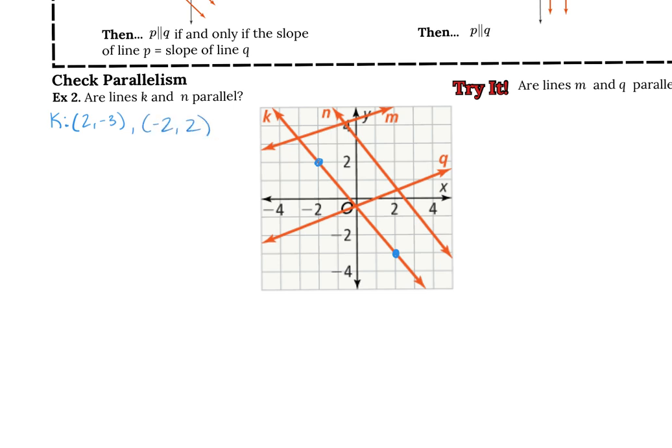And then our N, an intersection and an intersection: (1, 2) and (4, -2). Now I'm going to check my slope for each of these lines to see if they have the same slope.